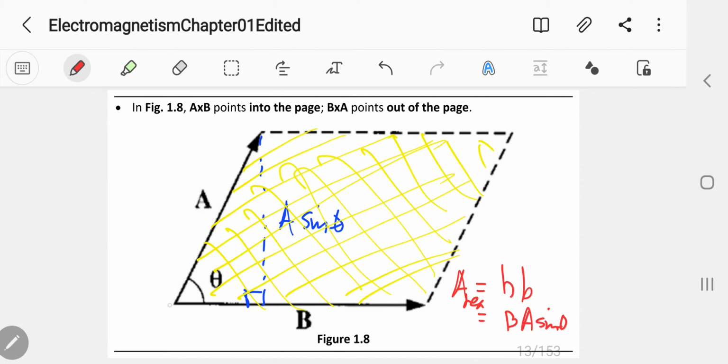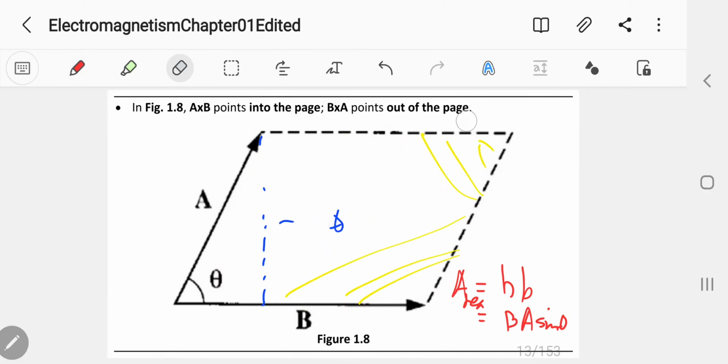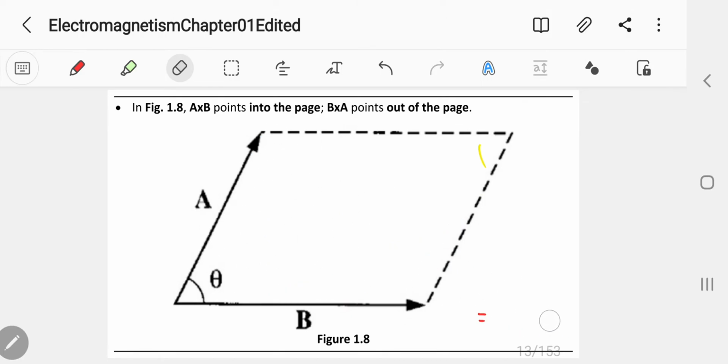That's the cross product of two vectors B and A, right? So therefore, if you have two vectors that subtend a trapezoid, the area is the magnitude of the vector product of the two vectors A and B. So that is the geometrical interpretation of the cross product.